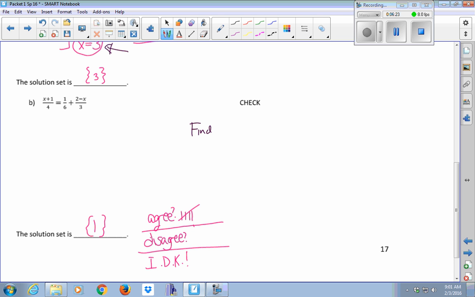Oh, I see. Okay. So find the lowest common denominator. And you found the lowest common denominator, so I'm just going to write Kim here. You found the lowest common denominator for the two fractions on the right side. Is that correct?